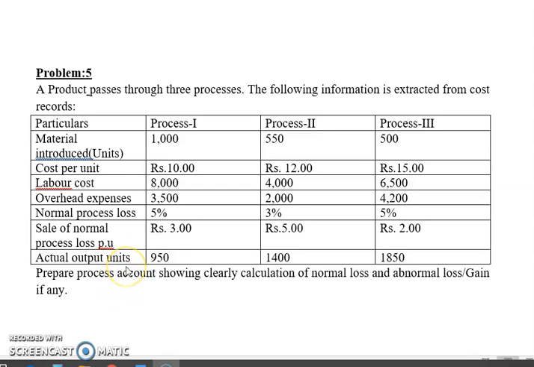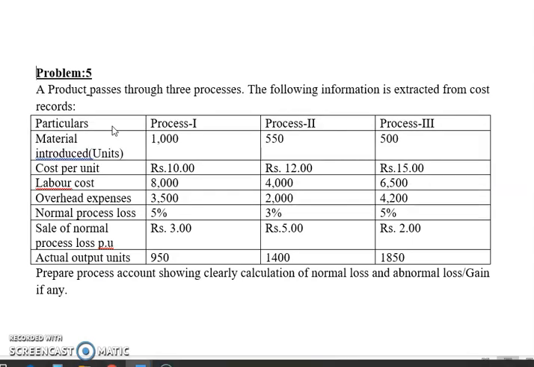Then you have actual outputs in units given. So in this question, we have normal loss percentage, actual output, also the inputs which you have given. Now guys, I already told you in the last few sessions that whenever you have input, percentage of loss given, followed by output, we have to do working note number 1, wherein we need to find out what could be your abnormal loss or abnormal gain in units.